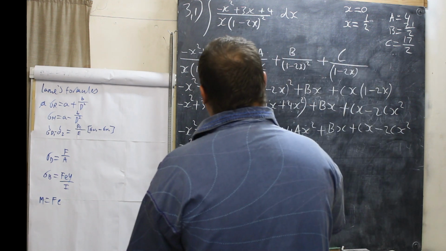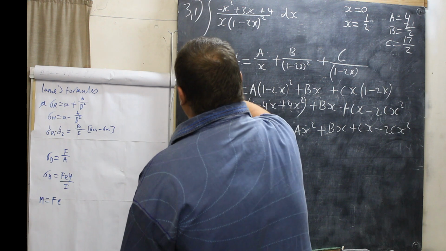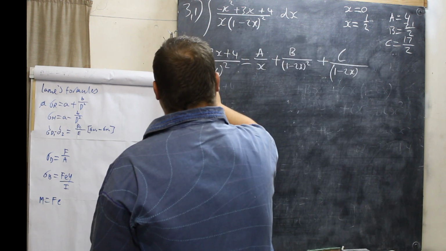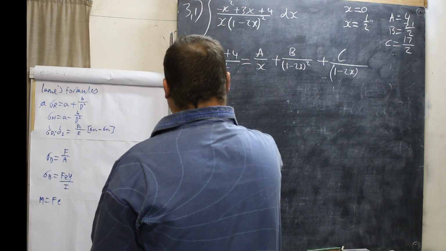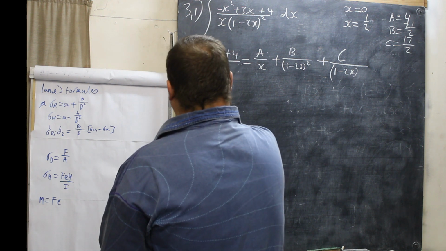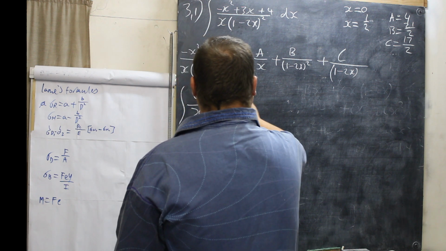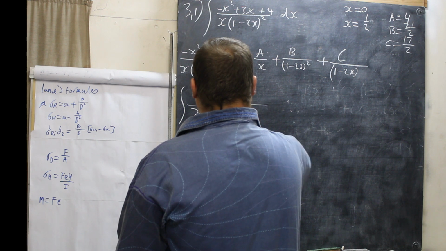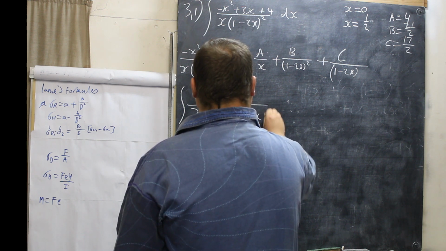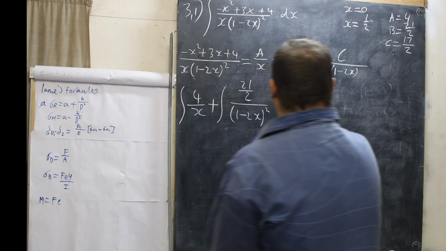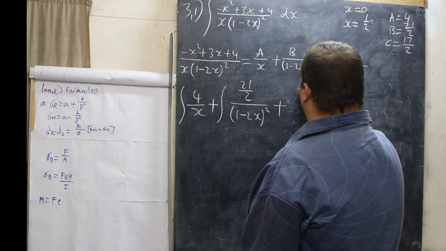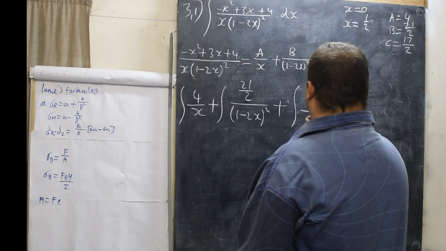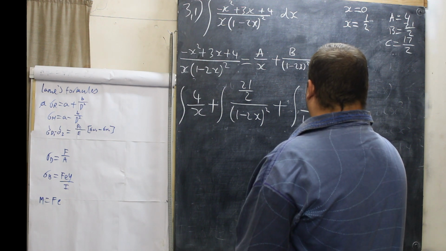So we have everything we need now to finally do our integration. Our integration goes: the integral of 4 over x, plus the integral of 21 over 2 times 1 minus 2x squared, plus the integral of 17 over 2 over 1 minus 2x.